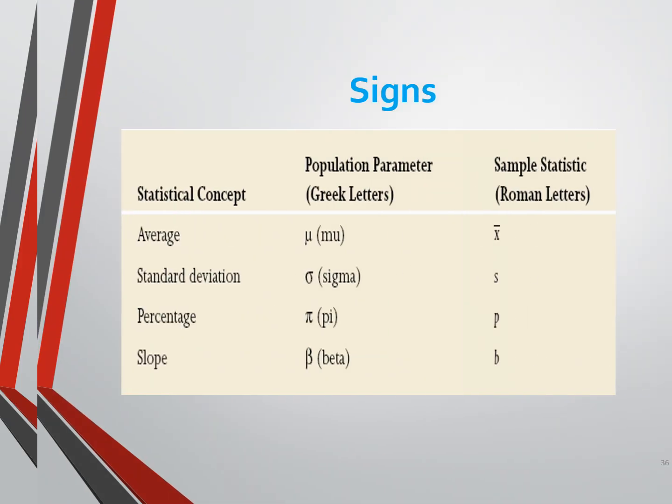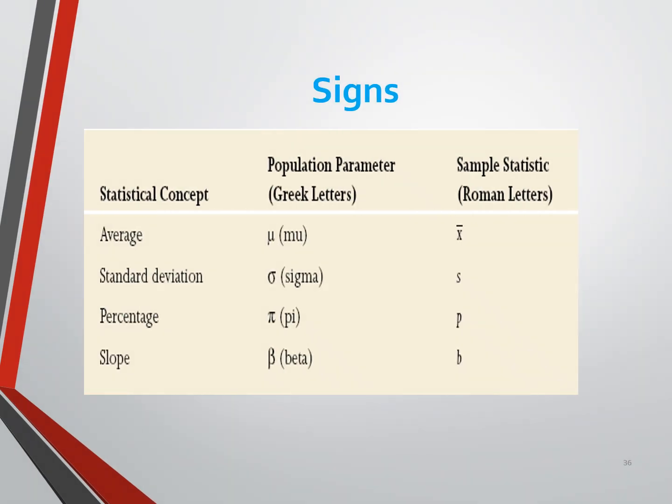Now, when we use statistics for hypothesis development and testing, we should know the signs to be used. You have to be very, very careful in your dissertation to use the proper sign.